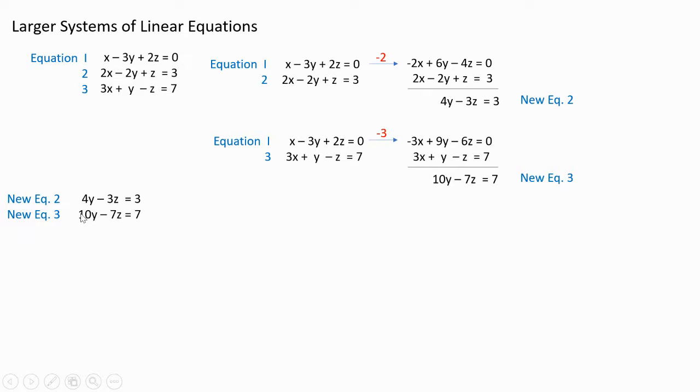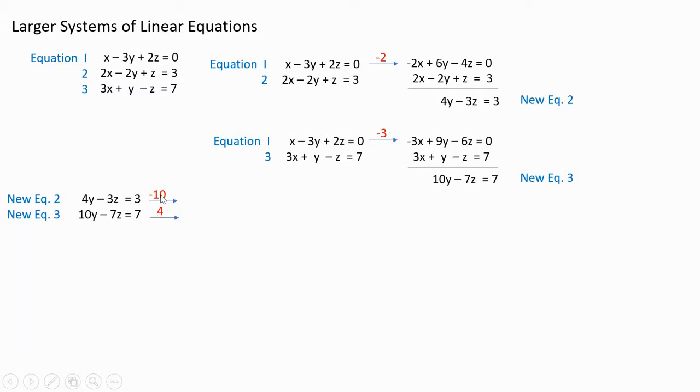For now, I'm going to multiply the new equation 2 by negative 10 and equation 3 by 4. Since they're both positive, I'm going to multiply that one by negative 10 and this one by positive 4. Because negative 10 times 4 will give us negative 40, and 4 times 10 will give me positive 40. And then when I add them, they'll be eliminated.